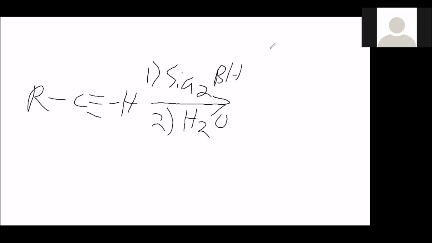We add that on, and then remove that and oxidize it. We get the anti-Markovnikov, so the hydrogen adds to the opposite side from expected. And then upon deprotonation of the OH, we can form an aldehyde.